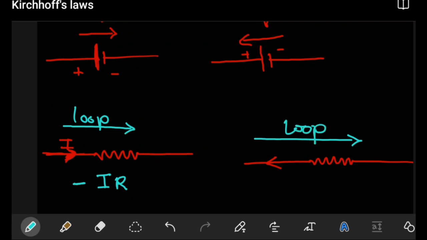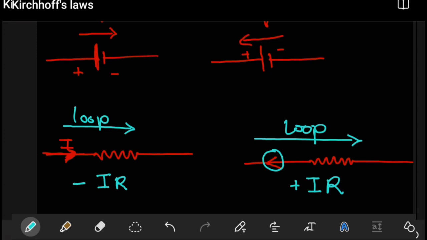Then the drop through our resistor, in this case, we'll take as a positive change. So these are some of the tricks you have to keep in mind when applying Kirchhoff's loop law.